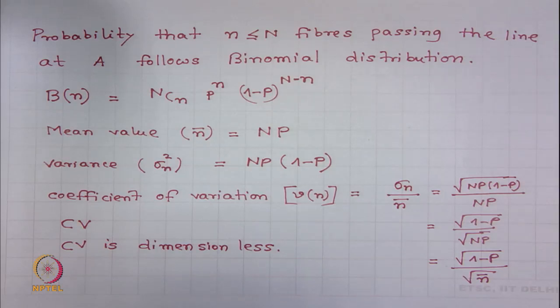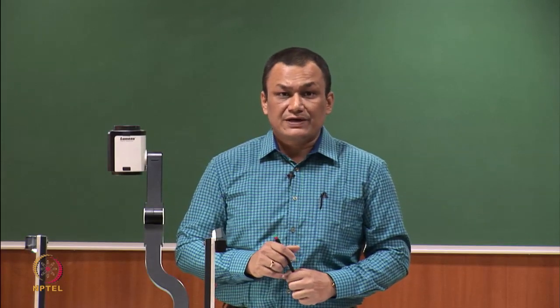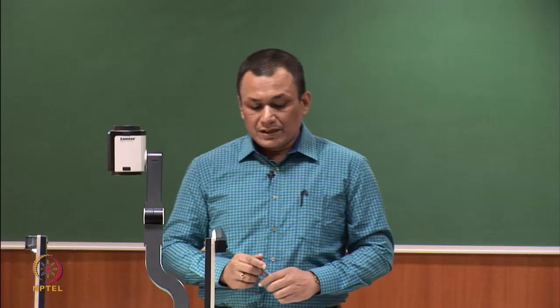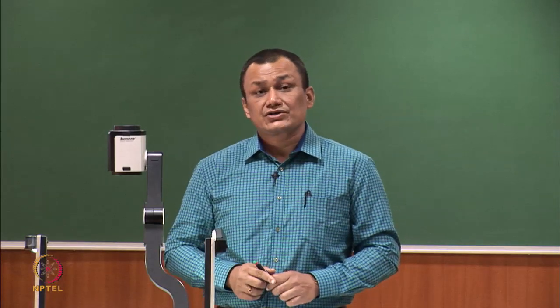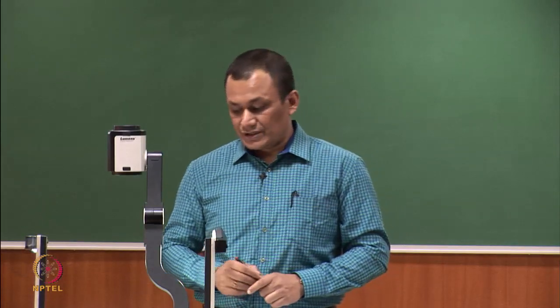However, it is possible to deal with C v also in percentage. In that case, we have to multiply by 100. Okay. So, this is basically the coefficient of variation of the number of fibers present in the cross section of sliver, right. Now, we will talk about coefficient of variation of mass irregularity.